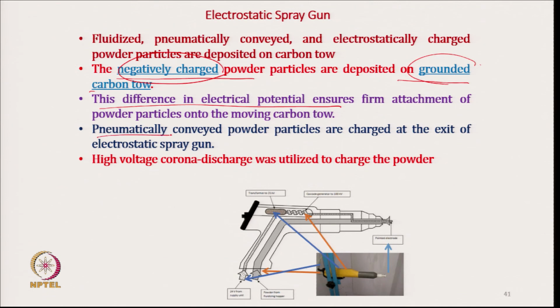So, the pneumatically conveyed powder, with the help of the conveying pressure, is then charged at this point. This is a charging device, and then the powder is deposited on the carbon tow. Here high voltage corona discharge was utilized.